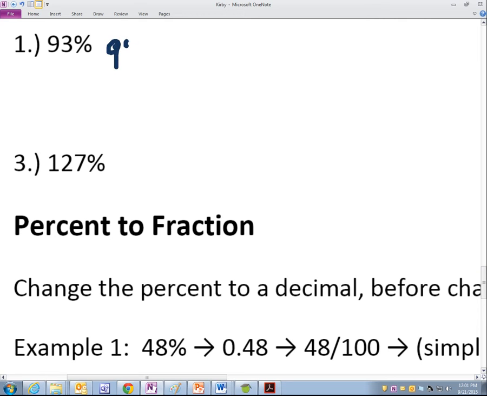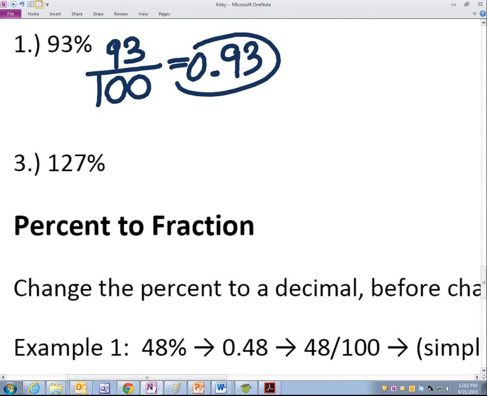So we have 93 divided by 100, and we have 93 hundredths. I'm going to put a 0 on front so I know exactly what's up. Now I'm going to take away these zeros and have the decimal point be moved over, 1 and 2. So it becomes 0.93.